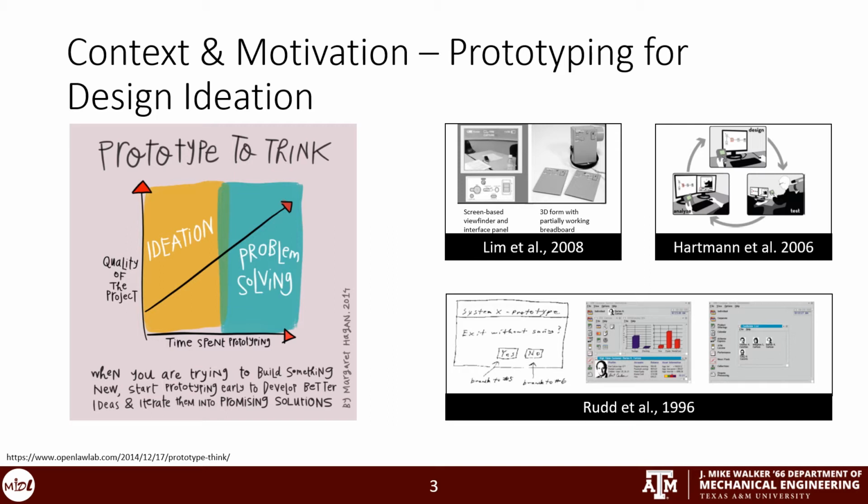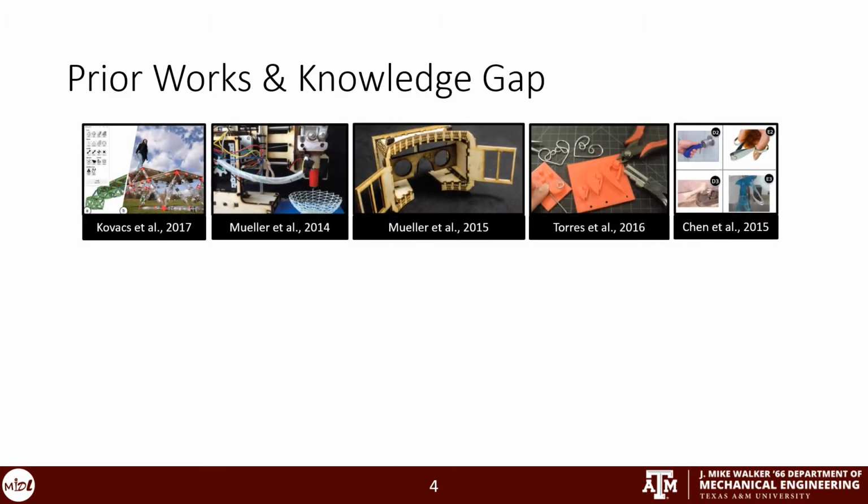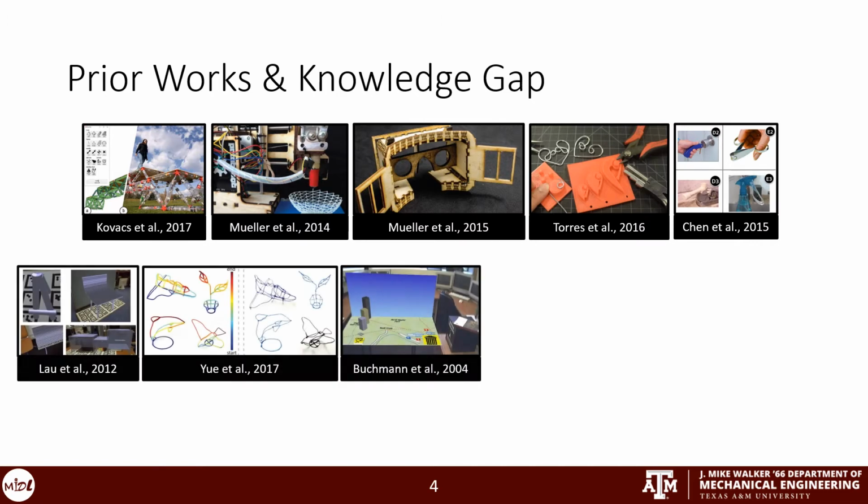We find three broad categories of prior works in HCI and computer graphics based on virtual prototyping. In the first category, the user utilizes CAD-based BIM software to generate digital prototypes which are then manufactured using rapid prototyping techniques. The second category uses spatial user interfaces and mid-air interactions in mixed or virtual reality.